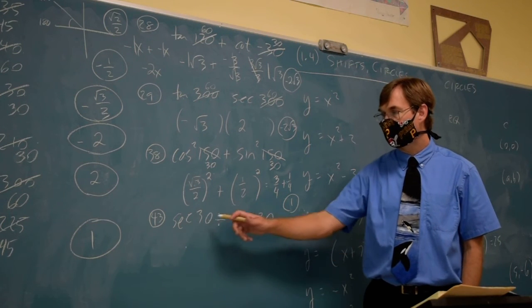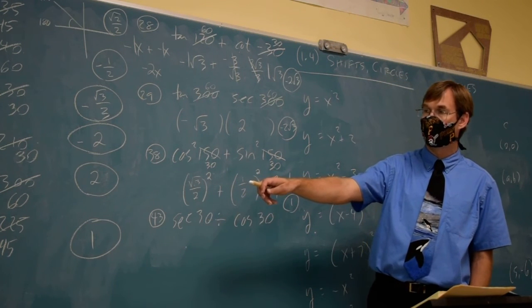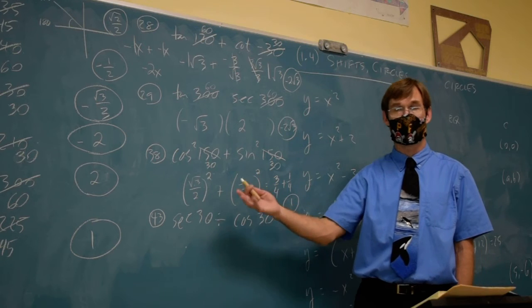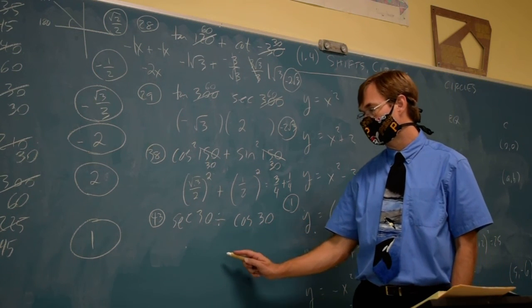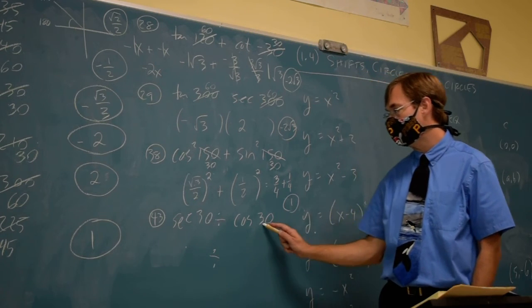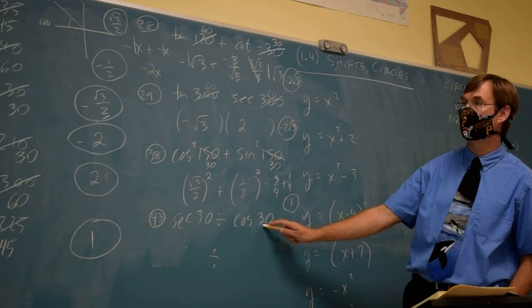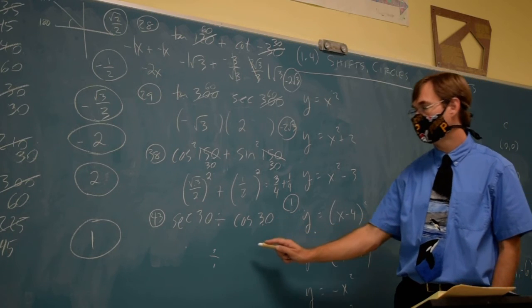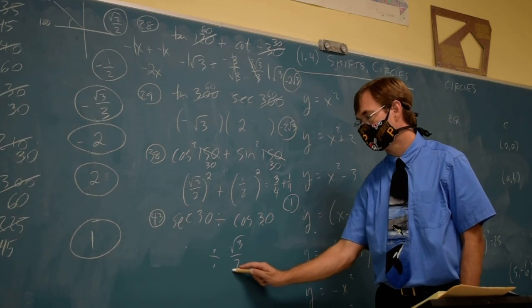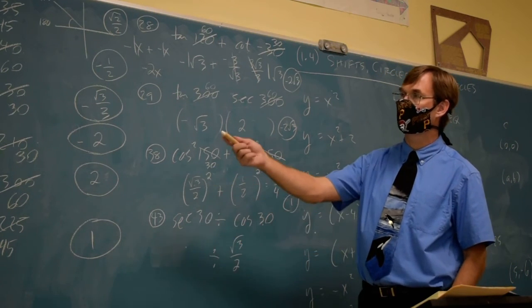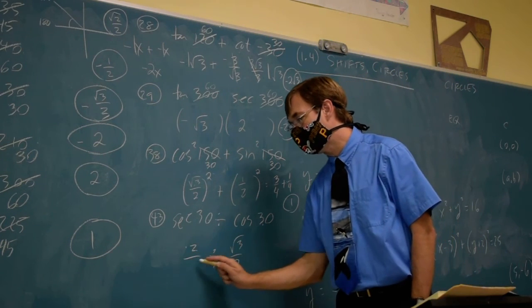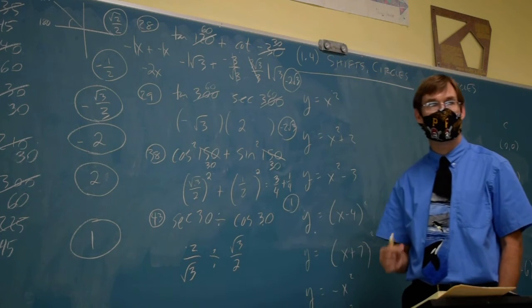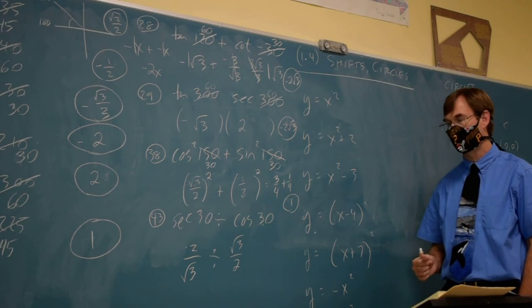30s are both nice, because they're both in quadrant 1, and who's positive there is all of them. So everything's positive, we don't have to worry about signs on this thing either. So cosine 30, let's just grab that one first. Root 3 over 2. Secant 30, let's grab that one. 2 over root 3, and I would just let that sit like it is for a minute. I wouldn't immediately fix all of those roots on the bottom.